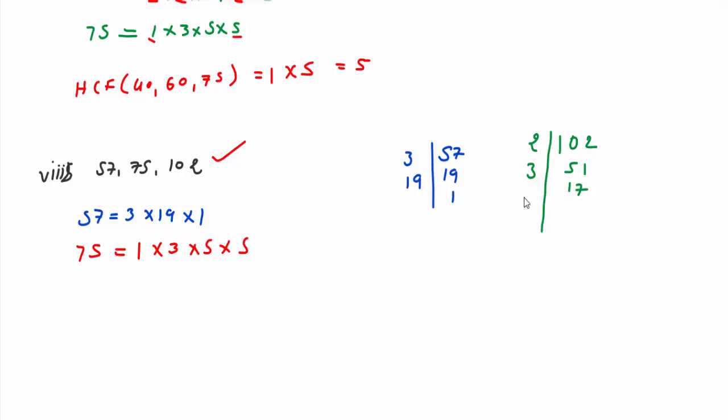As we know that 17 is already a prime number, so this will come in its own table. So factors of 102 we can write over here: 1 multiply by 2 multiply by 3 multiply by 17, and this is the final factor.